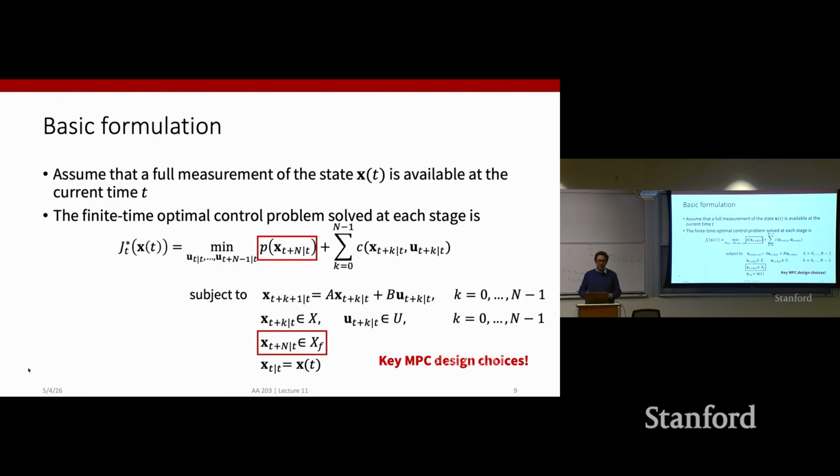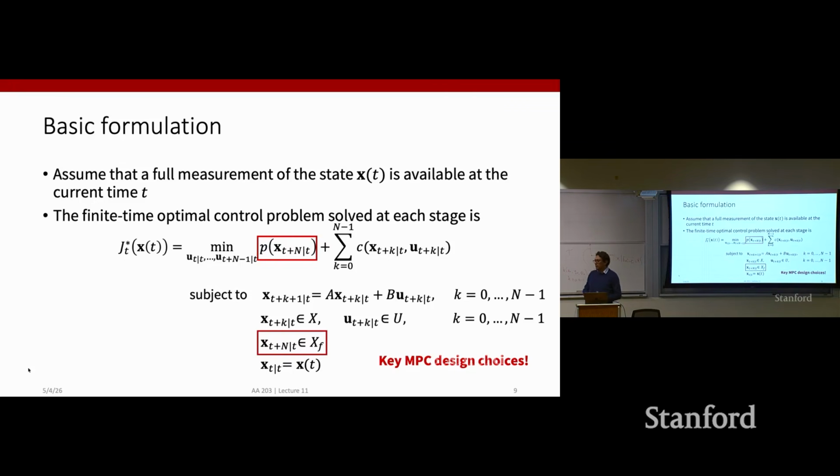So what we will see for the rest of this lecture and then the lecture on Wednesday will be to see how we tune this auxiliary terminal constraint, this terminal cost, and potentially the N, so how many look-ahead steps you have, to make sure that you have a good formulation, good performance once you deploy MPC.